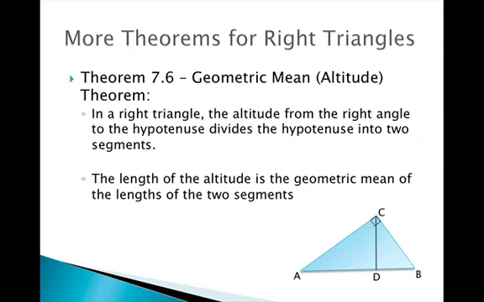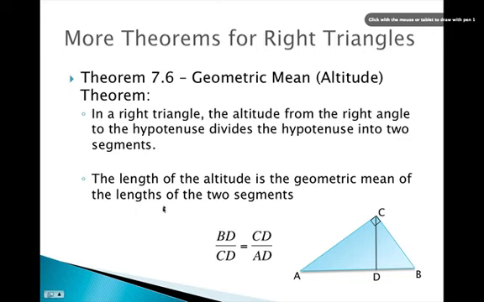Okay, so let's just review again what we went over on the last slide. So here we've got a right triangle, and we've got an altitude drawn from the right angle to the hypotenuse. That's segment CD. This theorem says that the length of the altitude is the geometric mean of the lengths of the two segments. So that means the geometric mean is going to be in both equations.